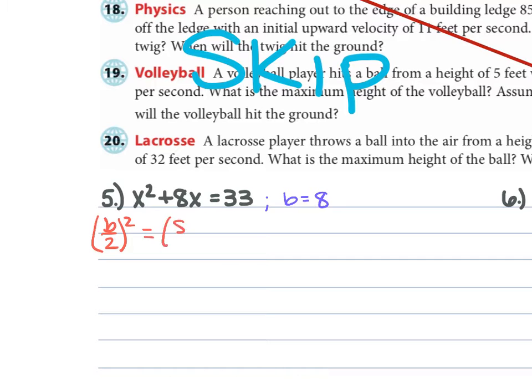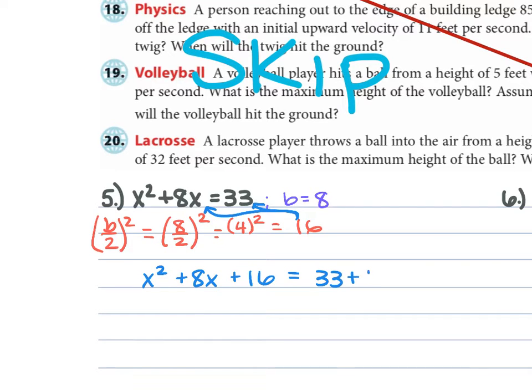So that's going to be 8 over 2 squared, which is 4 squared, and that is 16. The 16 we're going to add to the 33, as well as the x squared plus 8x. So we're going to have x squared plus 8x plus 16 is equal to 33 plus 16.